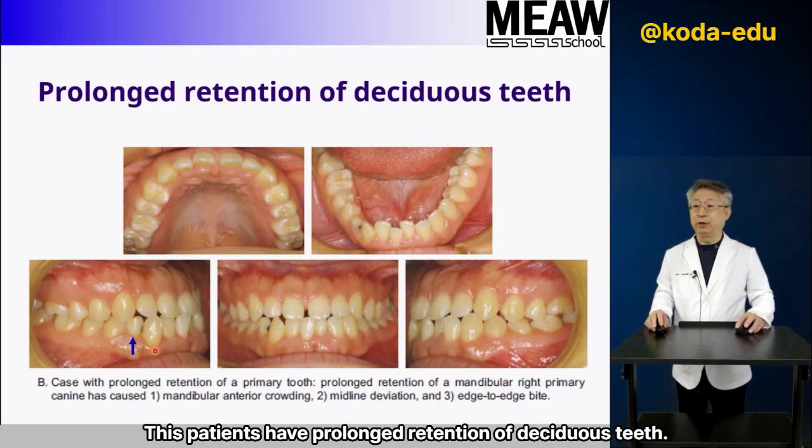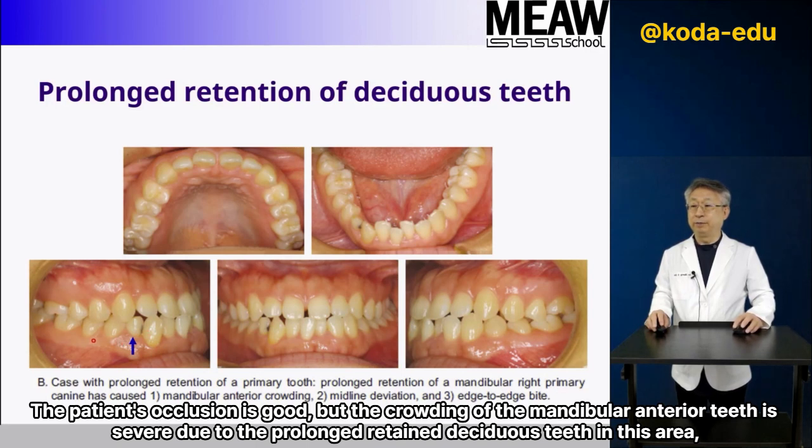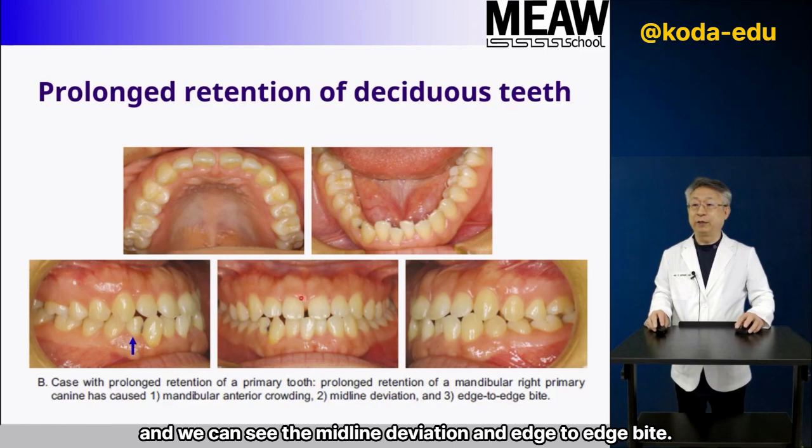These patients have prolonged retention of deciduous teeth. The patient's occlusion is good, but the crowding of the mandibular anterior teeth is severe due to the prolonged retained deciduous teeth in this area. And we can see the midline deviation and edge-to-edge bite.